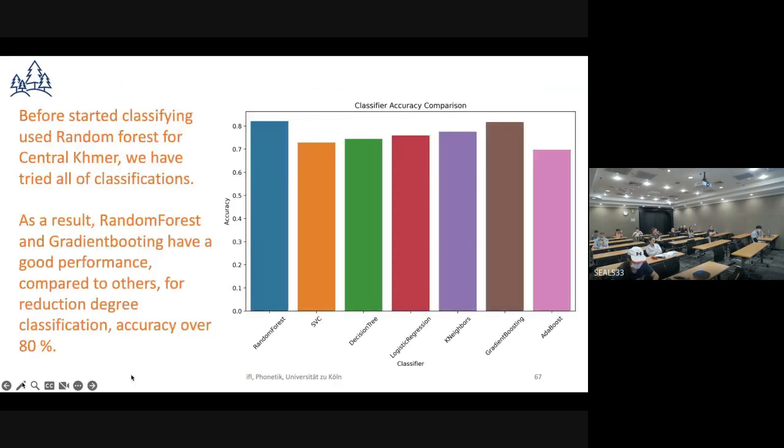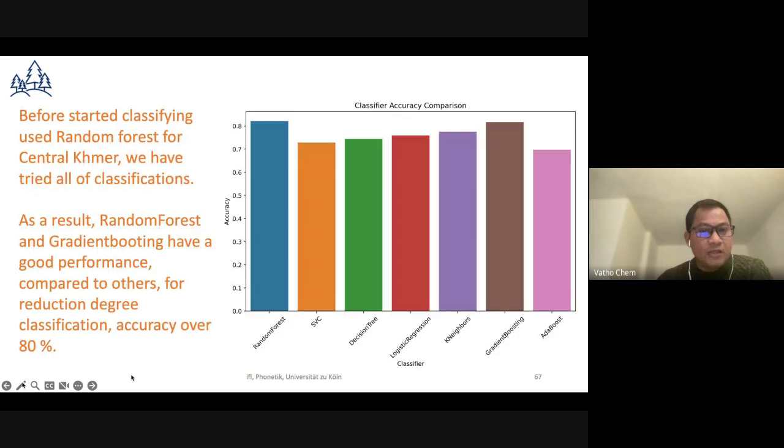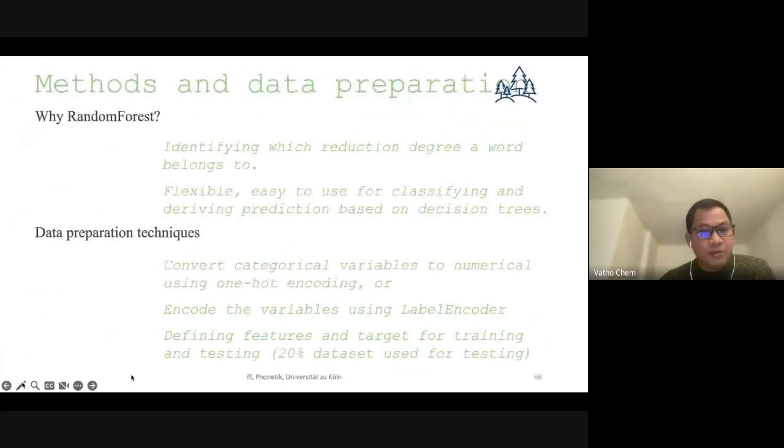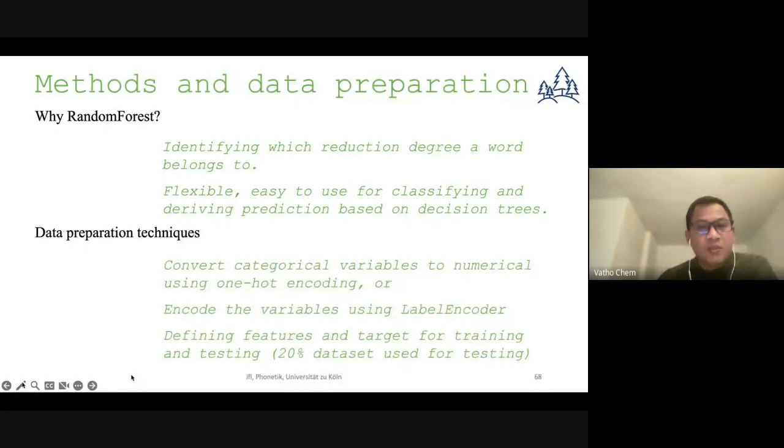So before starting to use random forest, we try to look at the other accuracy. So we found that random forests play an important role in classifying the reduction phenomena. This is the way that we use random forest for classifying the reduction phenomena, because random forest can classify which reduction degree a word belongs to, and it is very flexible, easy to use for classifying and deriving predictions based on the decision tree.